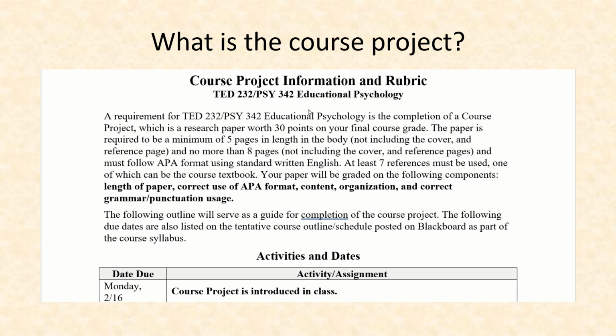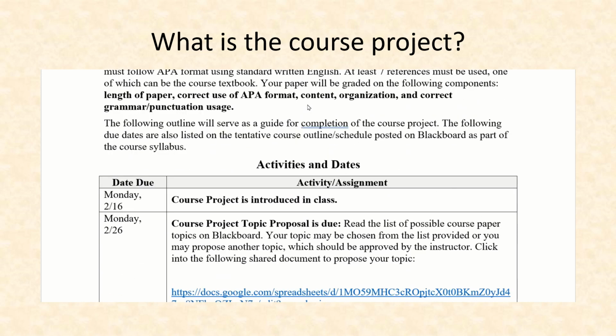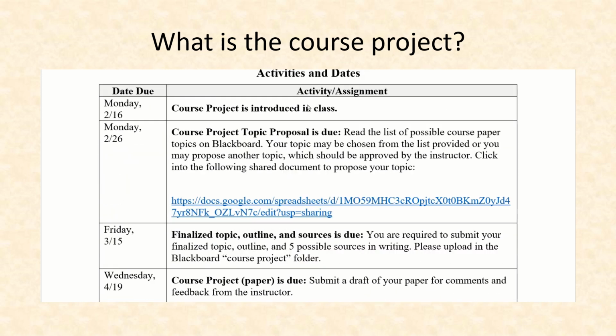So you'll find on Blackboard a listing of all the dates and activities associated with writing this paper. So I have a date due for first of all, when we're introducing this in class. And then the next step is, after you view this information today, take a look at the possible course paper topics on Blackboard.